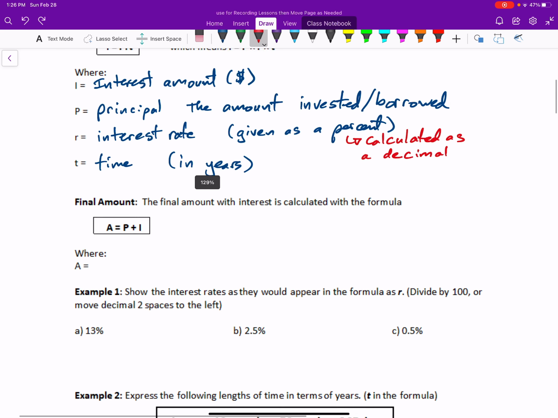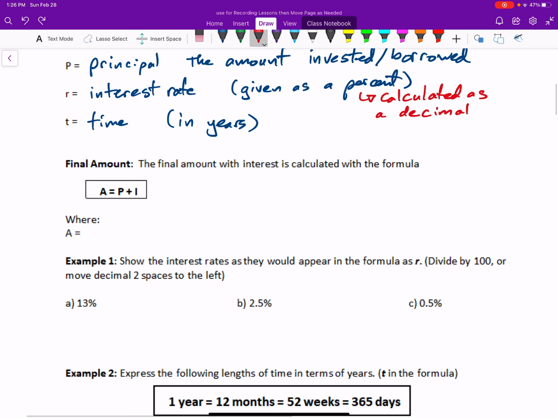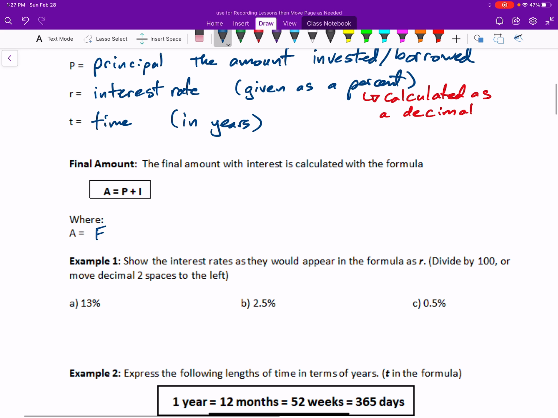Here's another formula that just changes things around a bit. If I borrow $100,000, obviously I have to pay back that $100,000 plus the interest. So I'm paying back more than $100,000. Maybe it's $120,000 or something like that. So A stands for the final amount that I pay back.